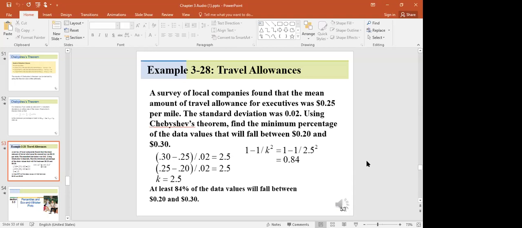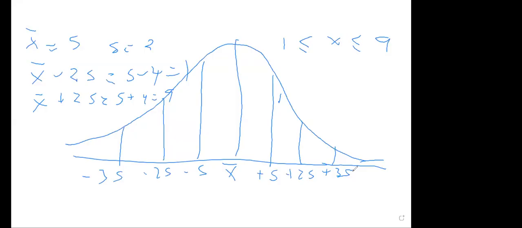So what we are going to do here is the reverse of the computation that we had before in order to get K. Let me use the whiteboard here. Here we have the mean is 0.25. The standard deviation is 0.02.